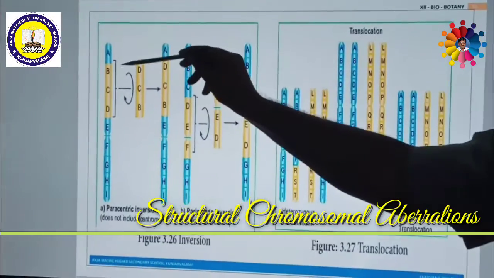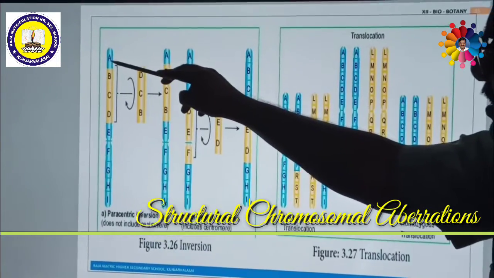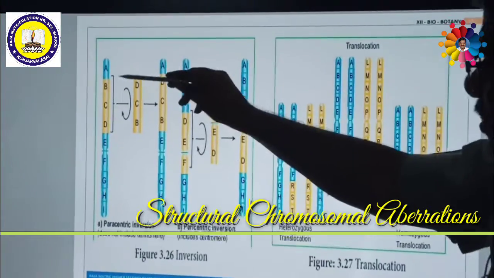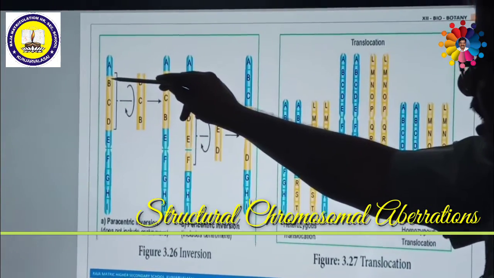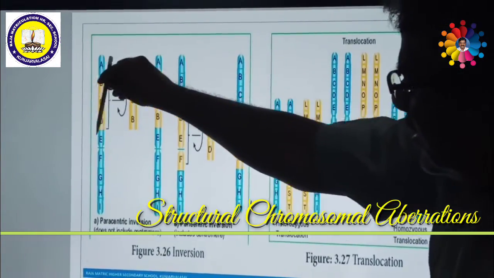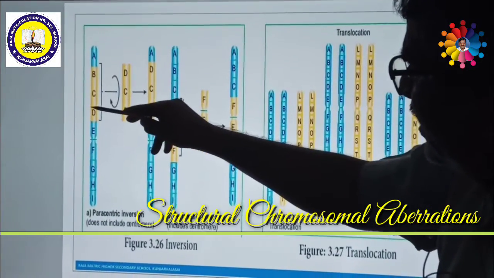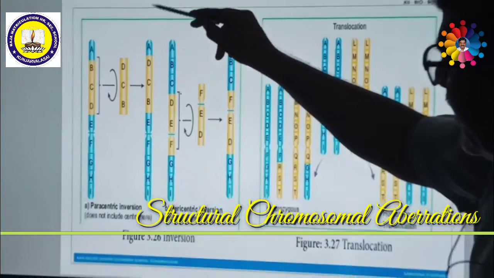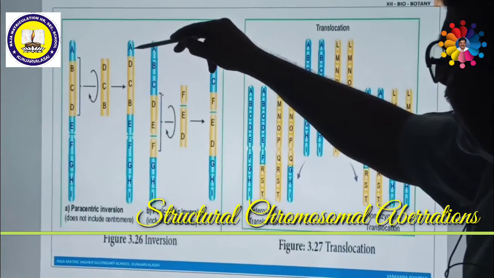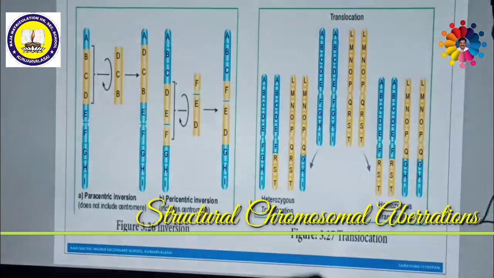Imagine this is the normal chromosome with the gene arrangement A, B, C, D, E, F, G, H, I. Suppose the genes B, C, D are reversed by 180 degrees like this: B, C, D becomes D, C, B. Then what happened? Instead of A, B, C, D, here it is A, D, C, B, E, F, G, H. So this is called inversion.